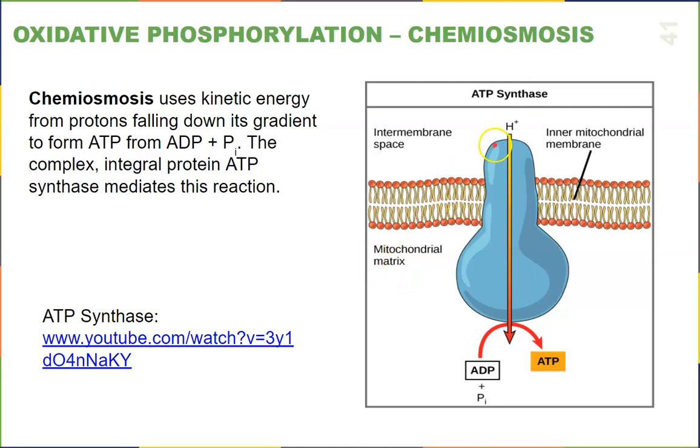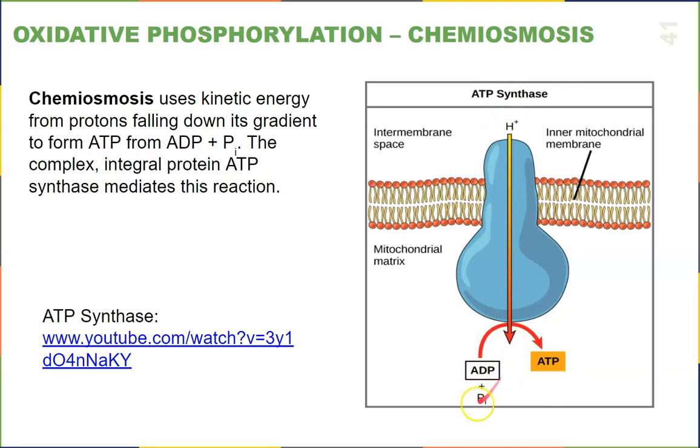So this integral protein is going to let the hydrogen ions through, but it's not going to let them through for free. It's going to capture the electrical energy that they create from going from a very positive space to a neutral charged space.